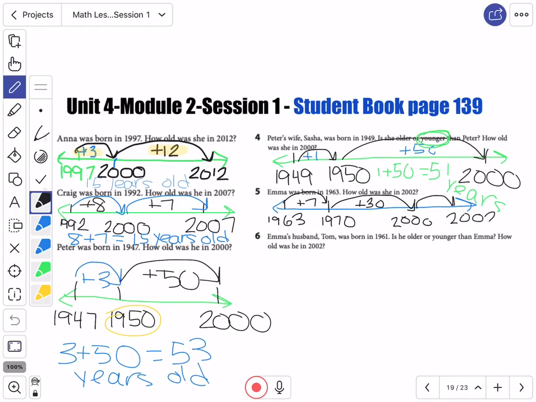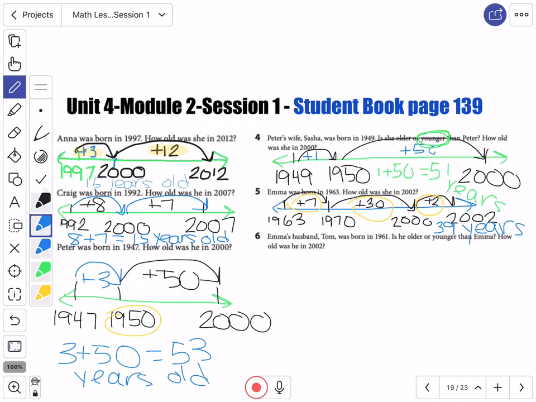So how many more years would I need to jump to get to 2002 from 2000? Okay, I think I've got it. 2 more years. So 7 plus 30 plus 2. 39 years. So Emma was 39 years in 2002.